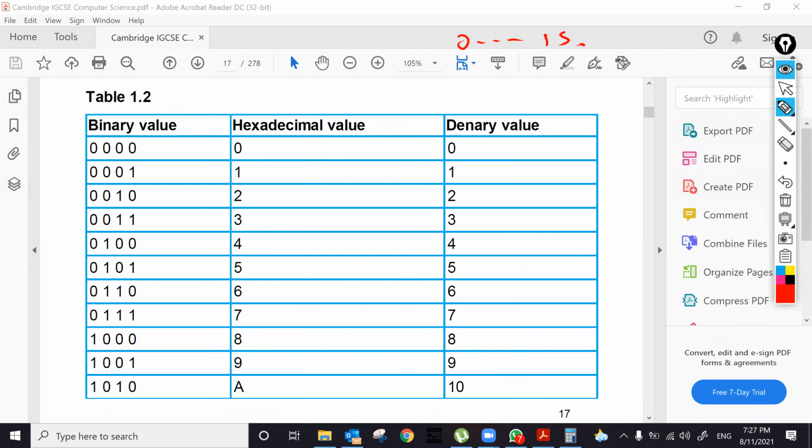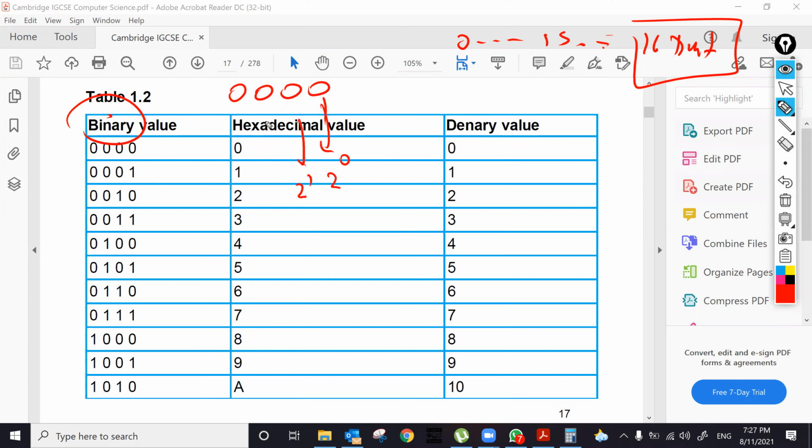That means how many digits? 16 digits. For a 16-digit number system, when you represent it in binary, you have to go to a minimum of 4 digits. That means we say this is 2 to the power 0, 2 to the power 1, 2 to the power 2, 2 to the power 3.